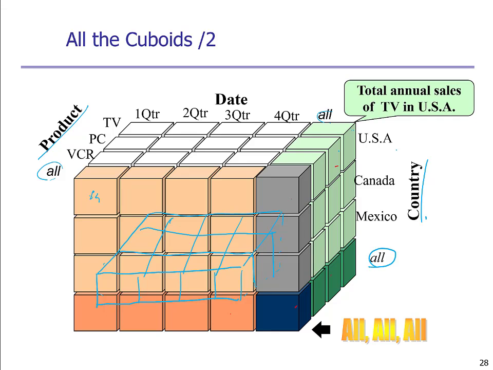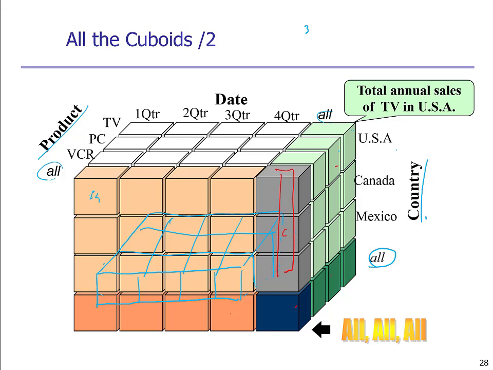The next level is, what if we do this kind of aggregation on 2 dimensions? In total, we have 3 dimensions, right? So if we take all on both product and date, we will have this gray cuboid, okay?